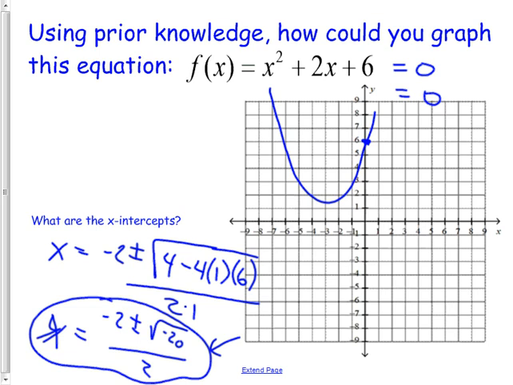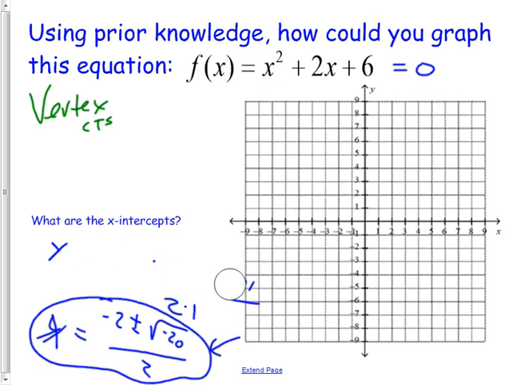Okay, anyway. If I were to need the vertex, can you think of some other thing that we got tested on not too long ago that would tell you what the vertex was? Complete the square. CTS, complete the square. All right, so if I were you right now, I'd practice the complete the square deal.